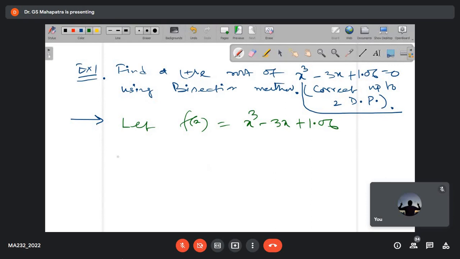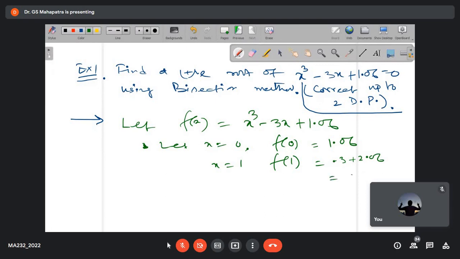Now let x equal 0. f of 0, what is the answer? 1.06. And x equals 1, f of 1, what is the answer? 1 minus 3 plus 1.06, so it is minus 0.94, correct?